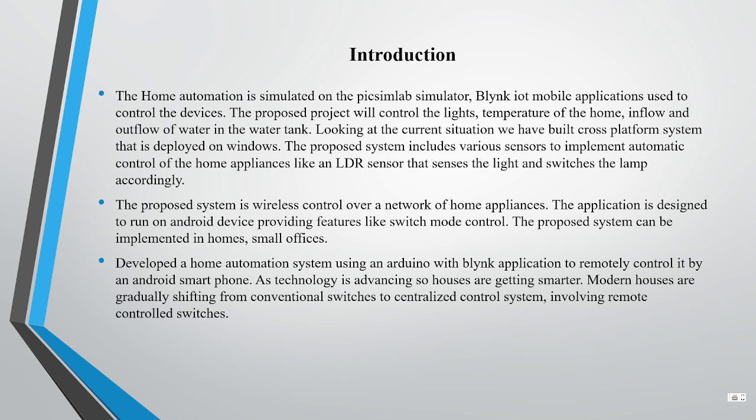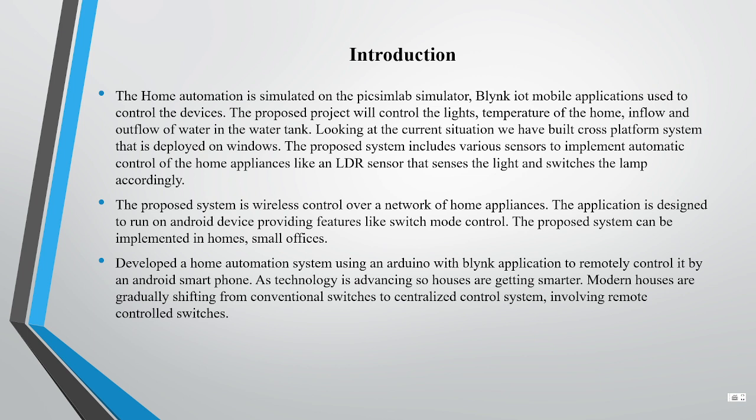The system includes various sensors to implement automatic control of home appliances, like LDR sensors, which are used to sense the light and switch the lamp accordingly. The purpose of this system is also wireless control over a network of home appliances.